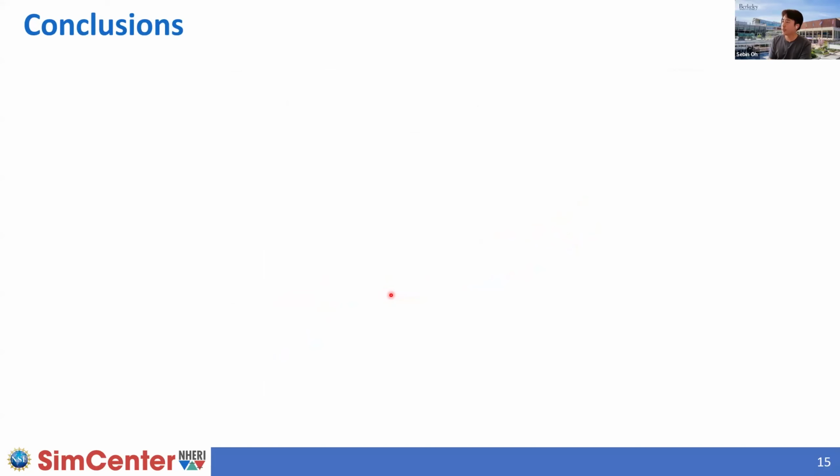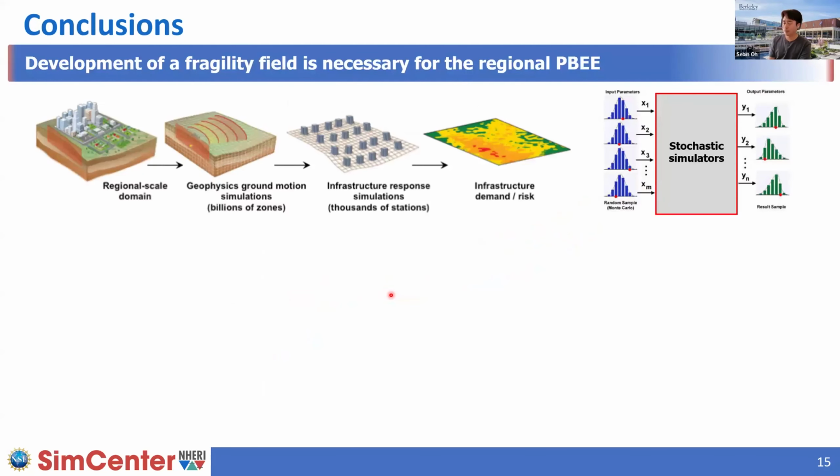So to sum up, first, I have talked about the need for the development of a fragility field. It's necessary for the regional PBE framework, where currently unrealistic assumptions are being made.